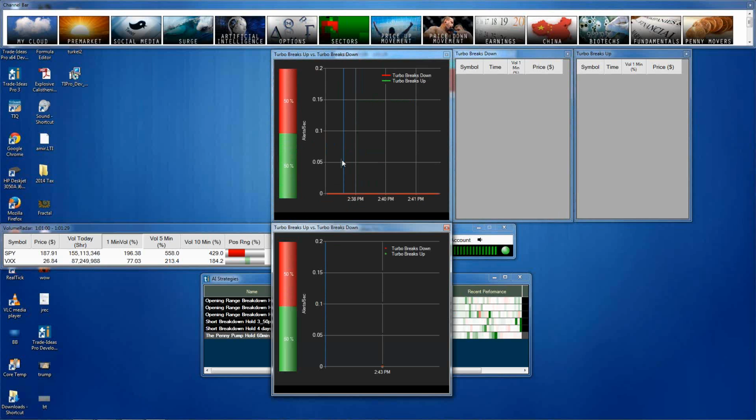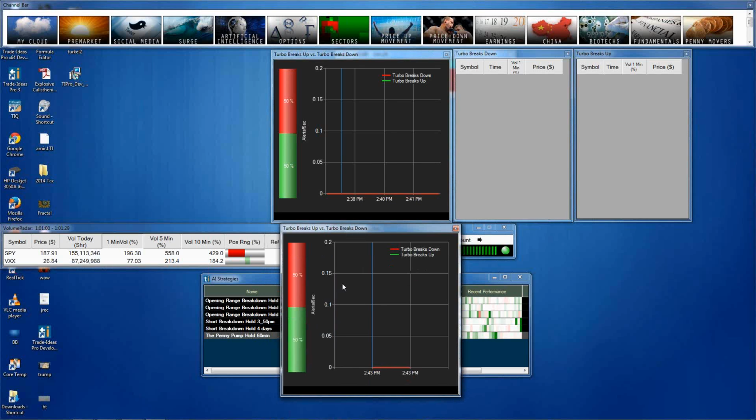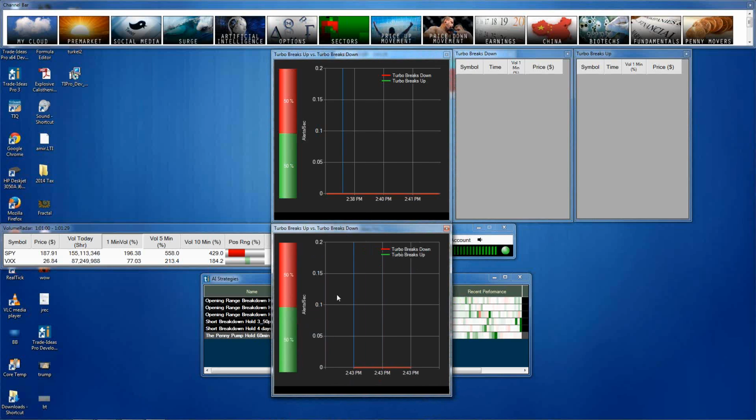When we duplicate it, this one starts a fresh count, and this guy keeps his original count. So in the second 30-minute period, I might notice 65 red, 35 green, which tells me that in my universe there's a selling bias, and not only that, it's accelerating.